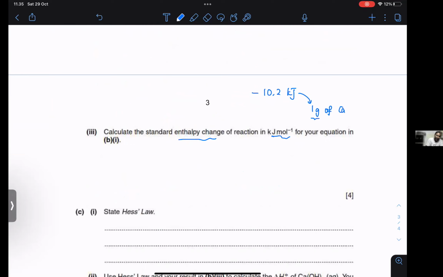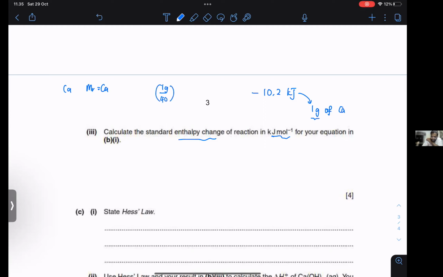For calcium, you need to refer to your periodic table. Can someone help me with the periodic table? What is the relative atomic mass for calcium? Is it 40? Can you check? Yes, 40. So first of all, find the number of moles of 1 gram of calcium: 1 divided by 40.